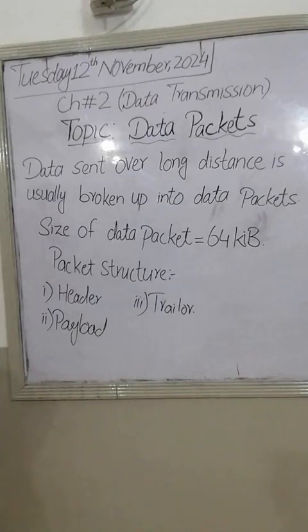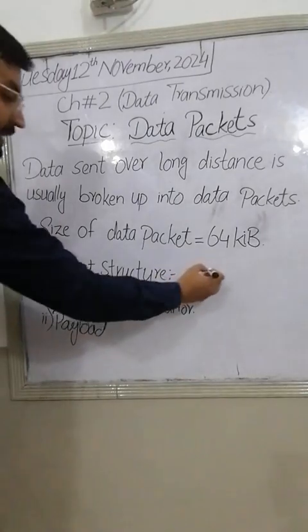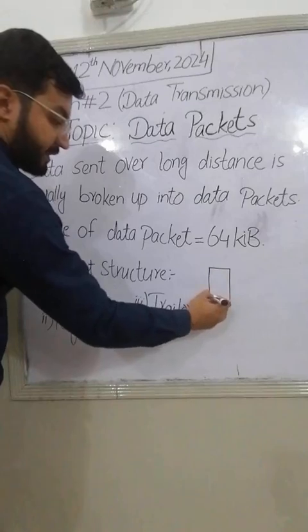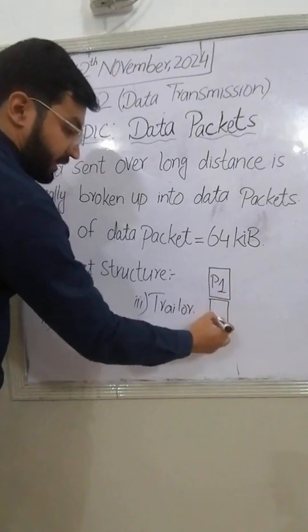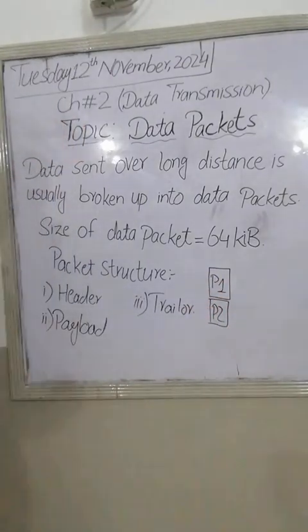In the header we also have the sequence number of the packet. So what is that sequence number? That sequence number tells the destination router that you have to assemble the packets according to those numbers, right? For example, if your message or file is divided into 5 data packets, all the 5 data packets will have their unique packet numbers.